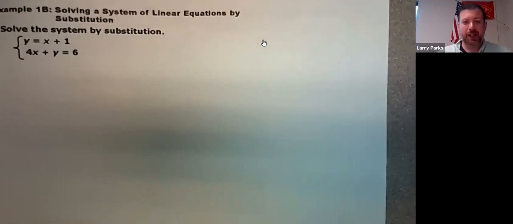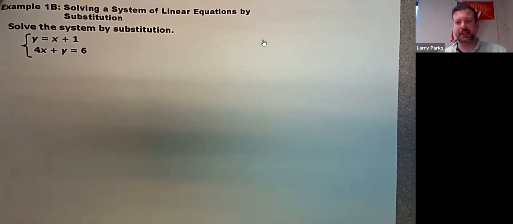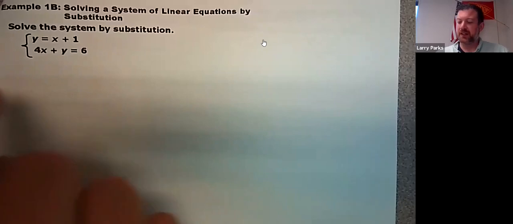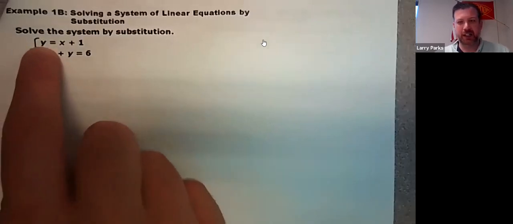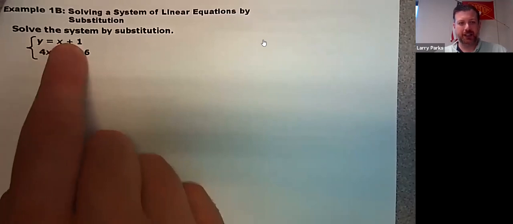What I really need to make sure I do is what happens when you don't have, we call that isolated. You may not have even known what the word isolation meant until this whole COVID thing, but isolation means you're by yourself. And so when you're solving, you should have a variable by itself. So I have y equals x plus 1.